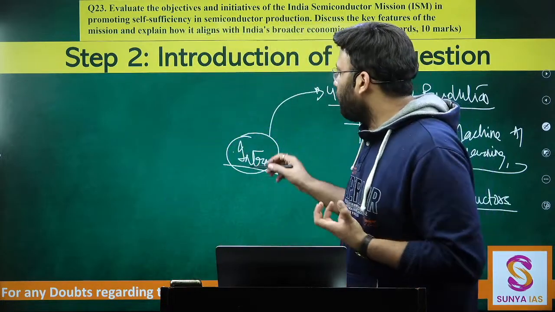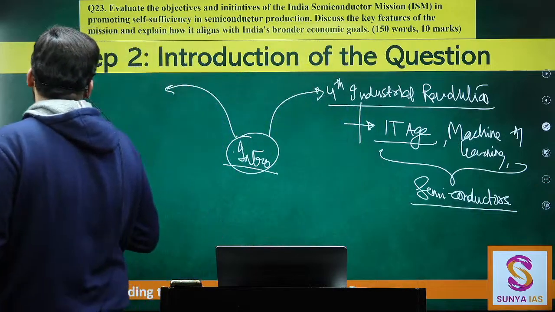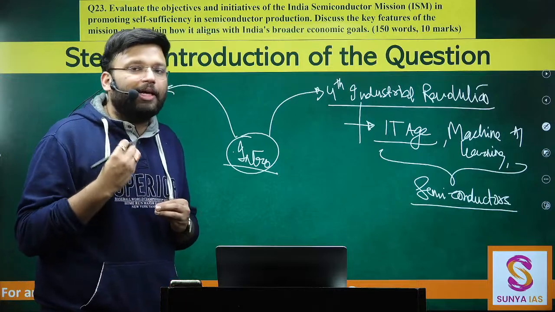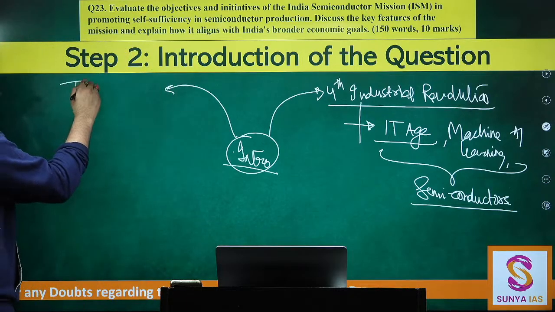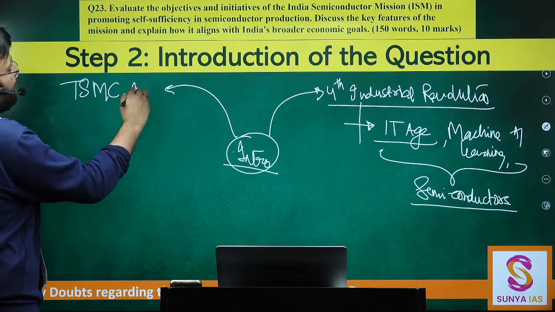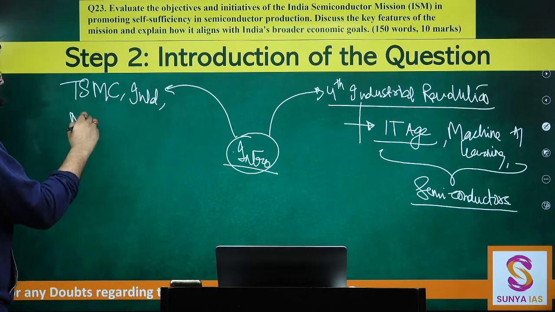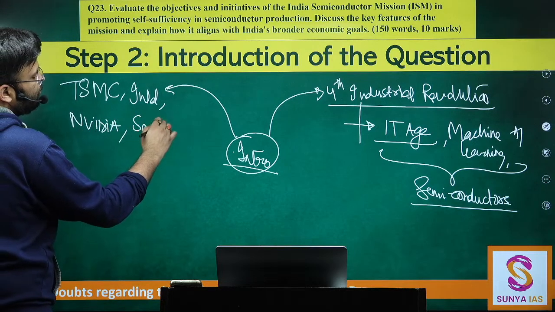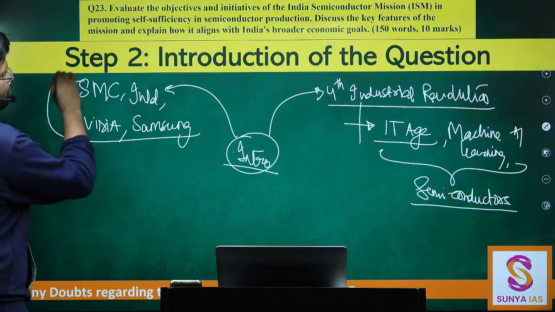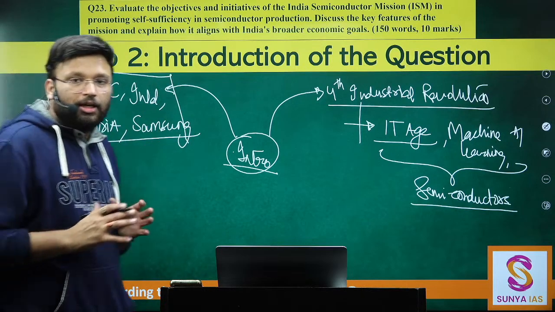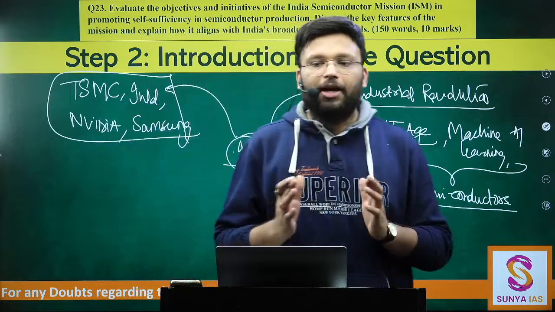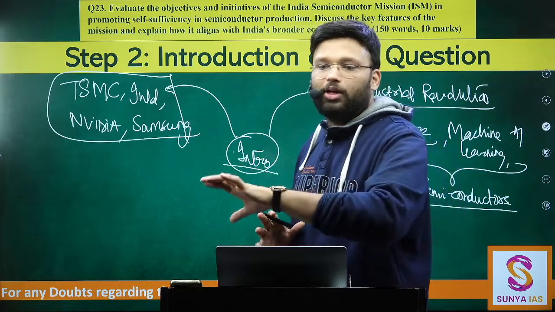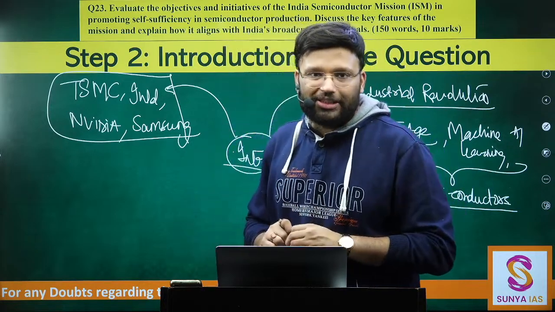Then the other kind of context which you can give is how most of the organizations which are producing semiconductors, the major giants, TSMC, Intel, Nvidia, Samsung, all these groups, their supply chains for semiconductors are centered either around China, or around Taiwan, or around the USA.